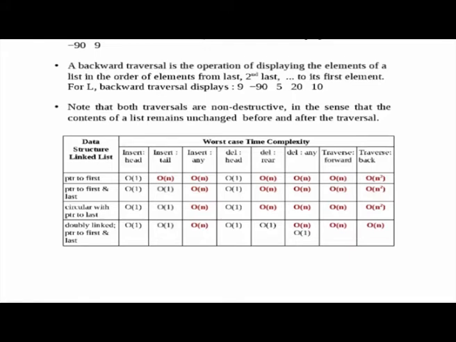Sometimes there are more pointers, sometimes the structure changes, sometimes there are one or more links. Now let me explain a row as I go along. The subsequent columns are what an operation. Suppose you want to insert into a linked list at the head. So I want to insert a new element at the beginning of the list. Insert tail says I want to insert at the end of the list.